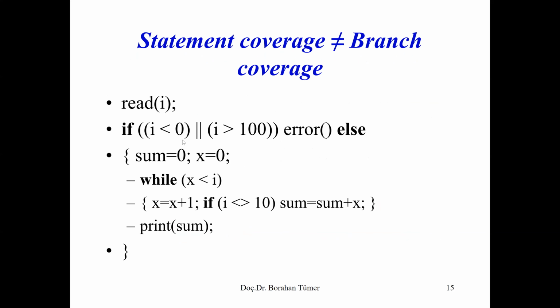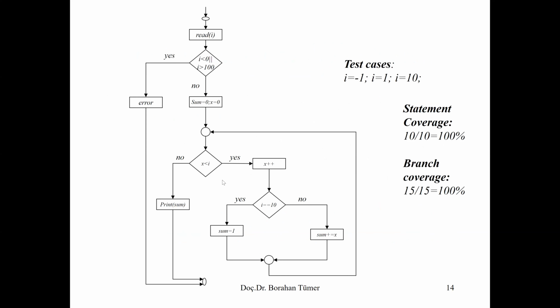We have two conditions in this decision node. If we use statement coverage, then it is enough for this node to be tested only once. For example, using -1 only, I can test this statement.